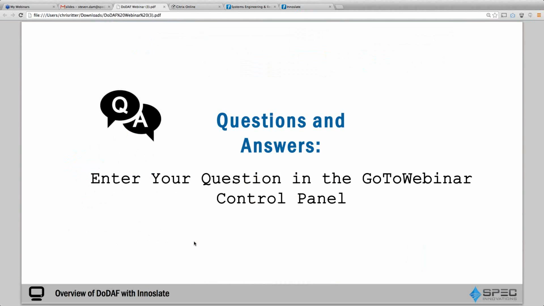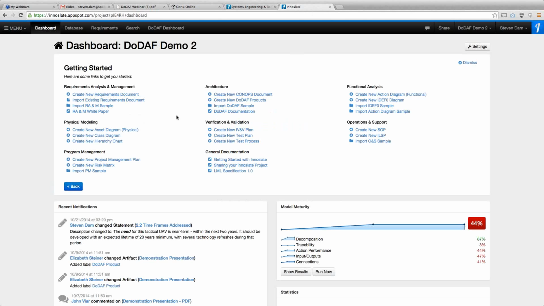Any other questions? We have another question. How do you develop specifications from the DoDAF models? That's one of the things that's really interesting, in that in general they don't have an easy way for doing that, no clear way. But what we've created in Innoslate is the ability to create a specification from the information within the database. So it actually puts it out as a specification in a normal specification format.